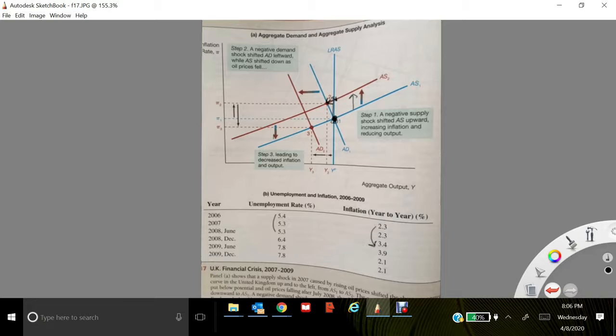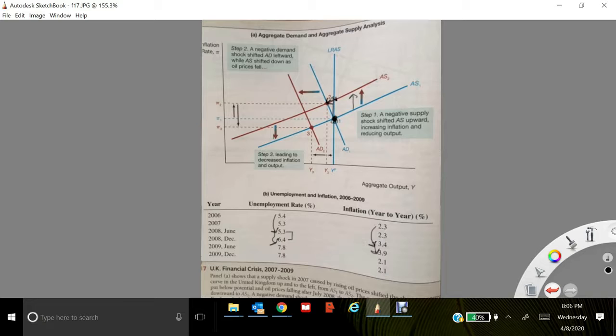Unemployment doesn't increase yet. You get to, starting in December 2008, unemployment increases. Still, inflation's increasing.